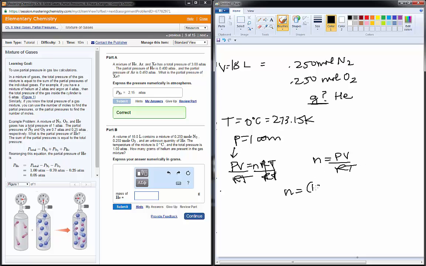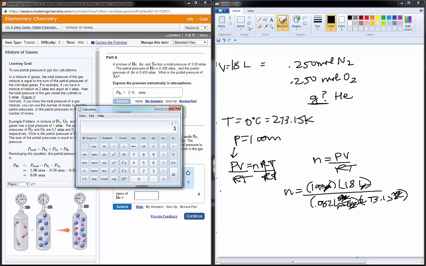So n is equal to 1 atmosphere, 18 liters, over 0.0821 liter atmospheres per mole K, and 273.15 K. Atmospheres cancel, liters cancel, Kelvin cancels, and I'll be left with 0.8027 moles.